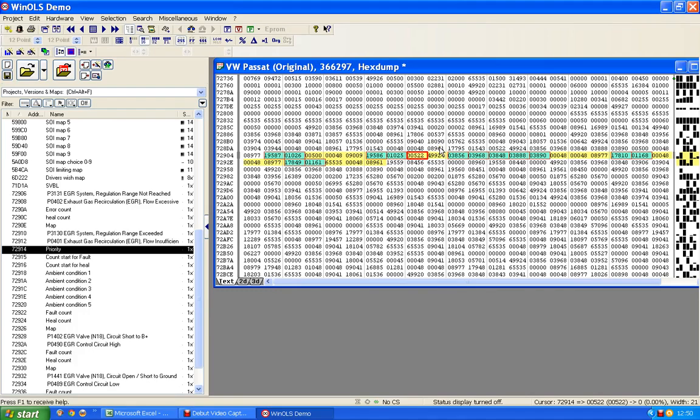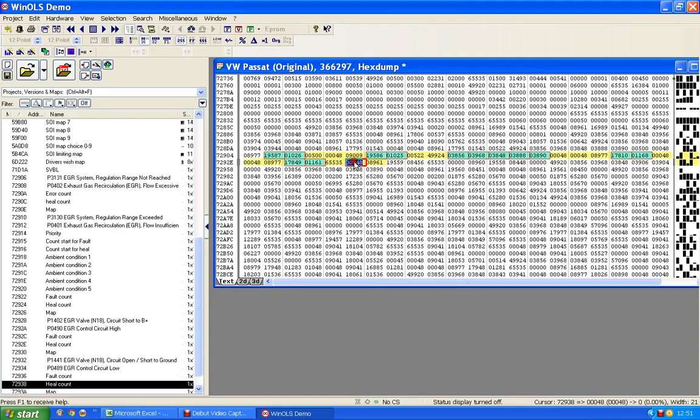So that's different. Then we appear to have error debounce, healing debounce, and possibly a count. Error debounce, healing debounce, and a count. Error debounce, healing debounce, and a count.